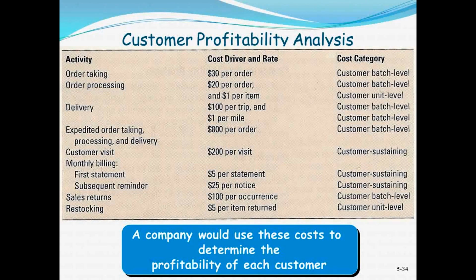You look at the detailed activities, and you figure out what their drivers are, and then you figure out the cost per unit of the driver. And then as you understand for that customer how many units were required, you determine the total cost of that customer.